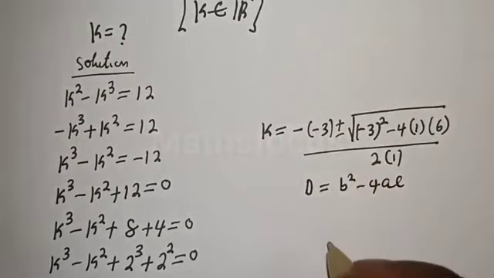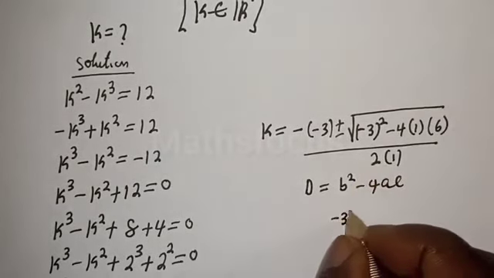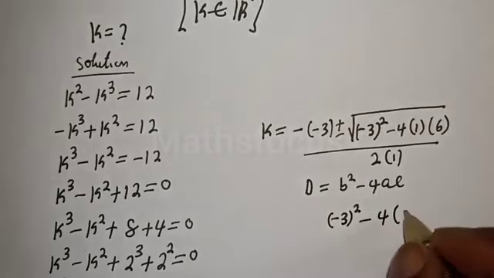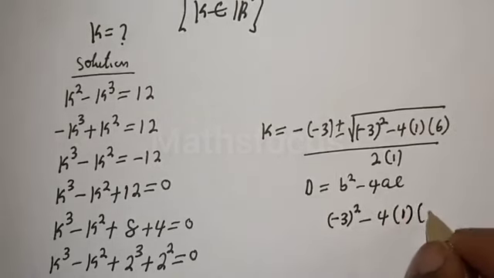Then b is minus 3 squared minus 4 multiplied by a is 1 and c is 6.